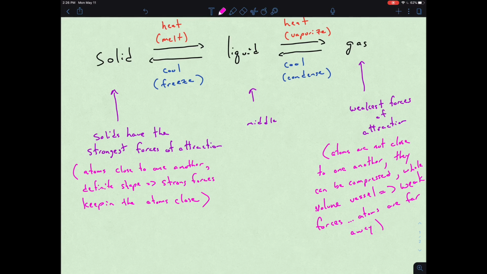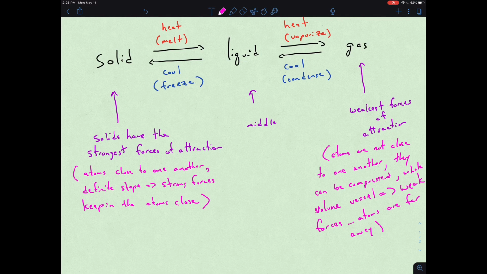If those forces are a little bit weaker, then we might see that molecule in the liquid state, and if they're weaker yet, then we might see it in the gaseous state. So that's the notion of what we're talking about in this module, the idea of going between phases and how that relates to forces of attraction within a molecule.